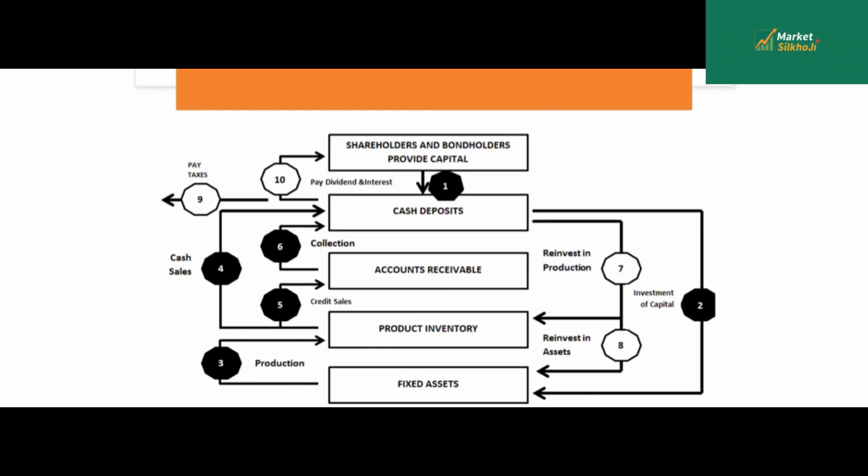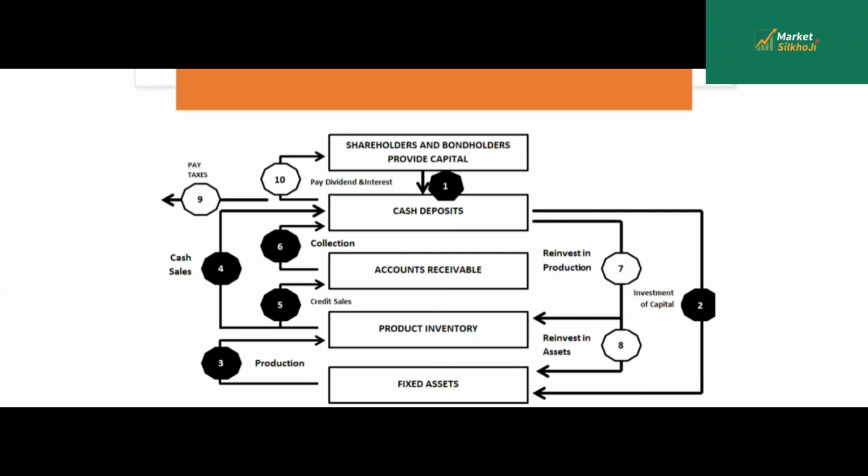Whereas some sales can be credit sales also. So the product or inventory will be converted into a credit sale, which will be shown in accounts receivable. Then as and when the collection is done and the money is received, again it will go towards cash deposits. So this is one business cycle, but not completed yet.